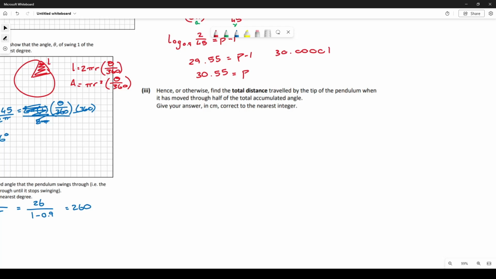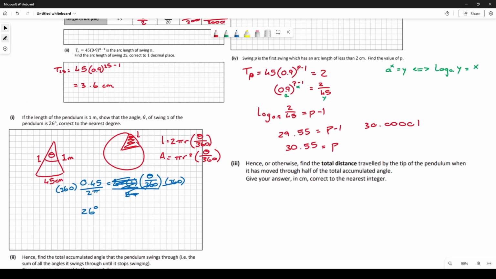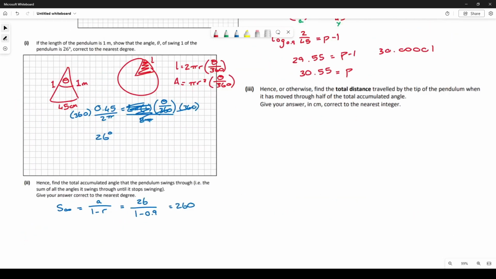I think I did this in a kind of complicated way when I first saw this. What I did was I said half of the total accumulated angle is 130, and I found out using the SN formula from up here how many swings it would have to go through before it has covered. No, sorry.